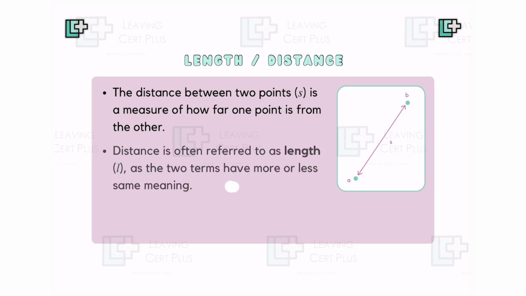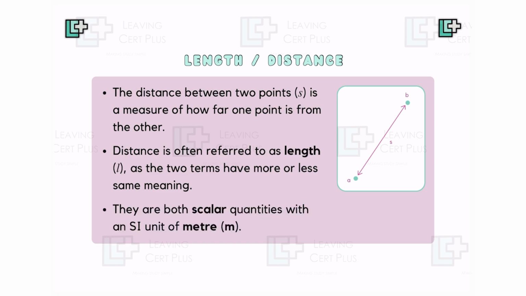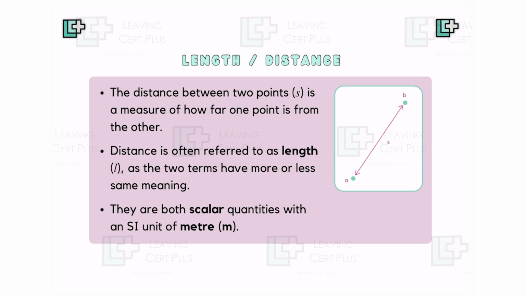Occasionally, instead of the word distance, we use the word length, and in physics those two usually have the same meaning. Both are scalar quantities with an SI unit of a meter. And just to be clear, a scalar quantity is a quantity that has size only. It has only magnitude, and doesn't have a directional component.